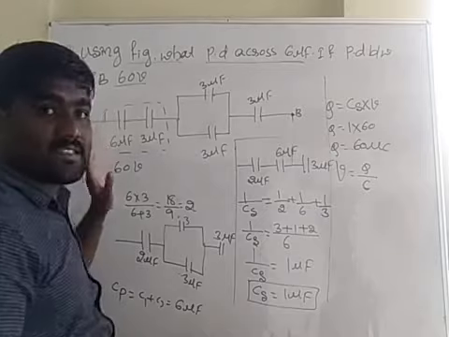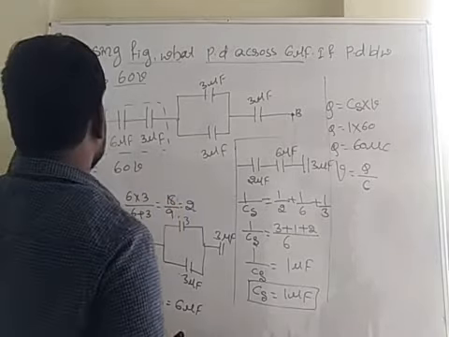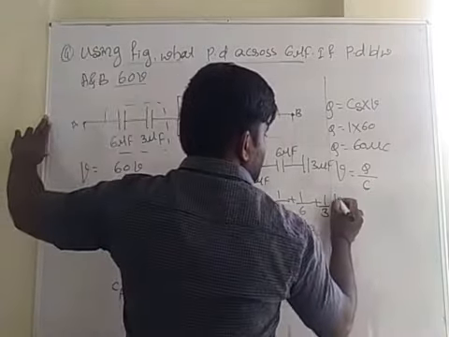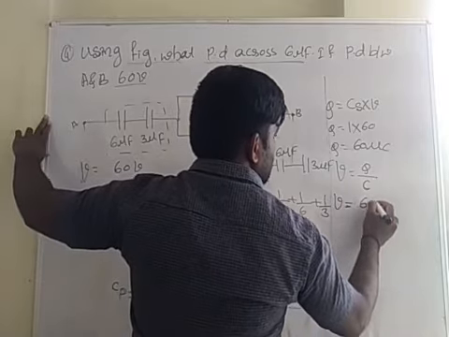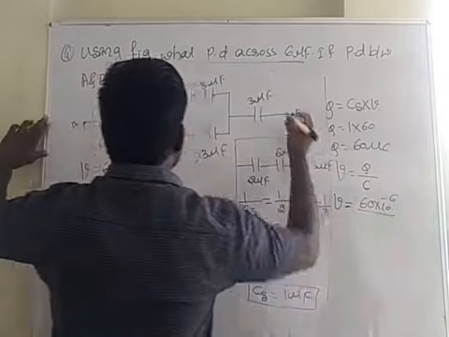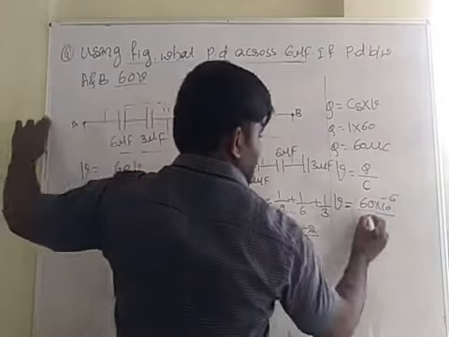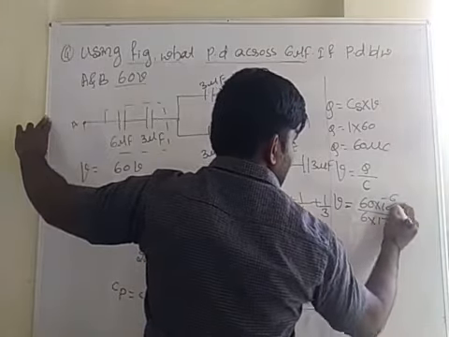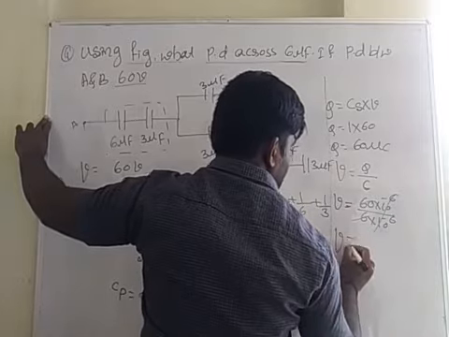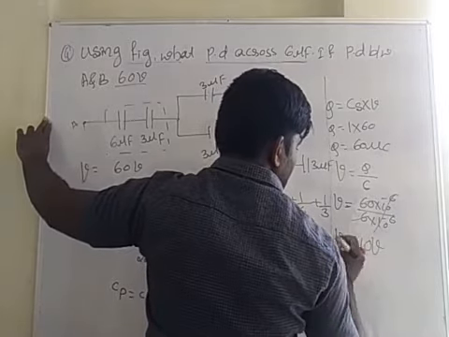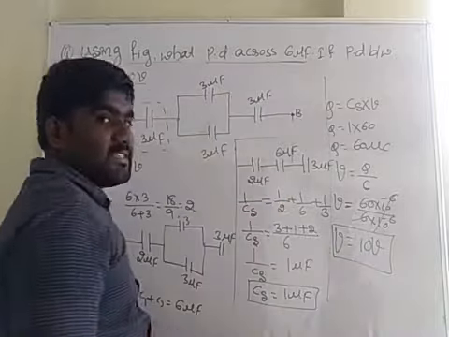So V is equal to 60 into 10 to the power minus 6 divided by 6 into 10 to the power minus 6. So V is equal to 10 volt, which is our answer.